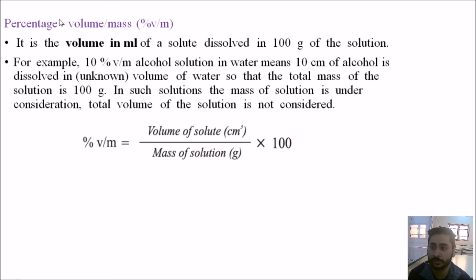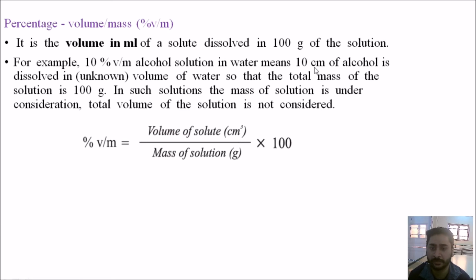What is volume by mass? Volume of solute divided by mass of solution. Okay, so the volume in ml of a solute, which is dissolved in 100 grams of solution, that gives you volume by mass percentage. A very common example, if I have 10% alcohol solution, for example, what do you mean by that? You have 10% alcohol volume by mass solution.